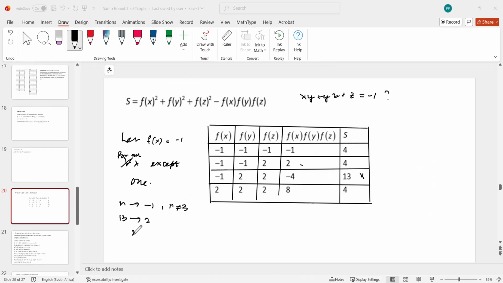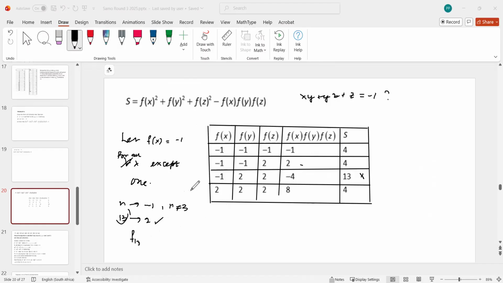This function here we can call f subscript 13. So for each integer which is different from 1 and -1, this gives you a possible function. Now the 13 was just randomly chosen. So you can see that I have infinitely many functions which will satisfy this condition.